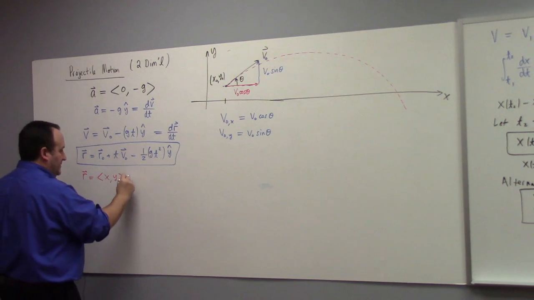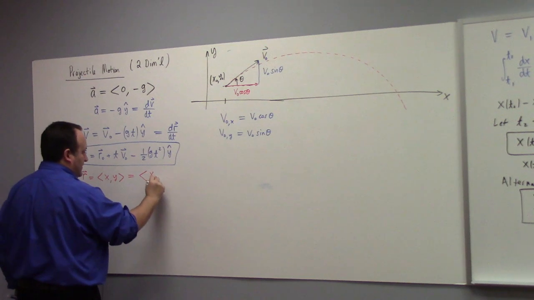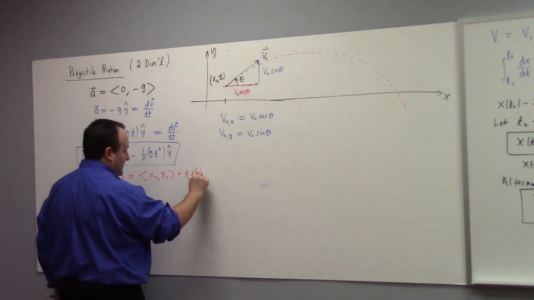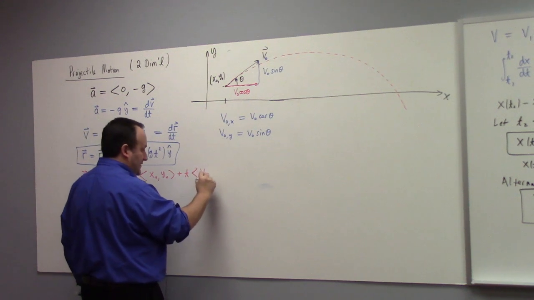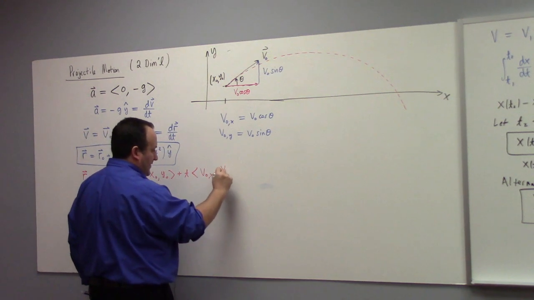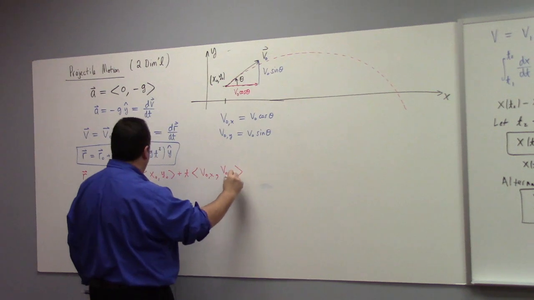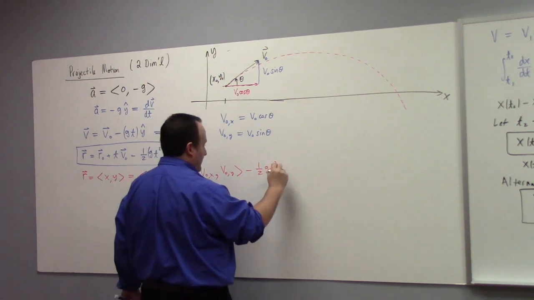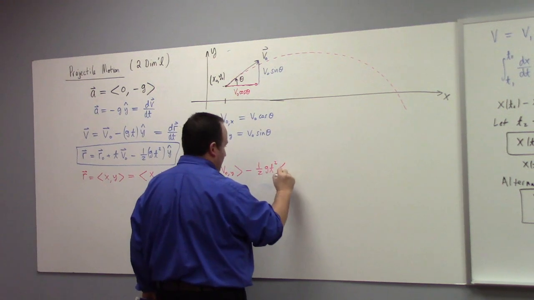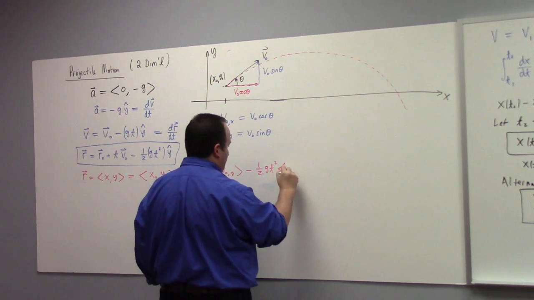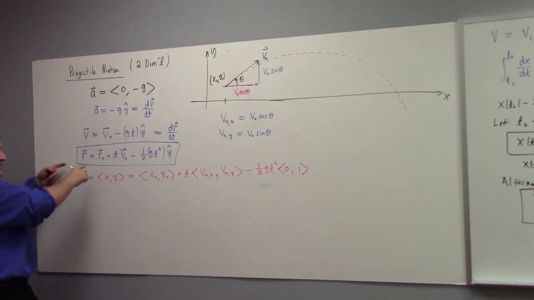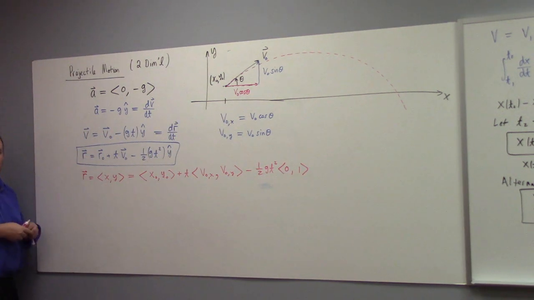And what's this equal to? x naught, y naught, plus t times v naught x, comma v naught y, minus 1/2 gt squared times that. Well, that g y-hat is really just 0, 1, okay? So I'm just writing out what the blue boxed equation means in terms of its component breakdown.